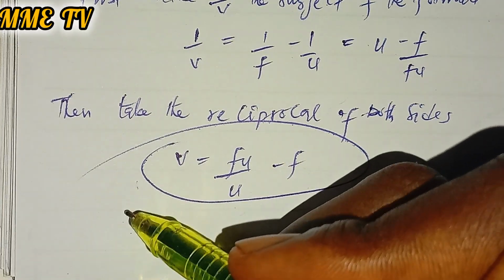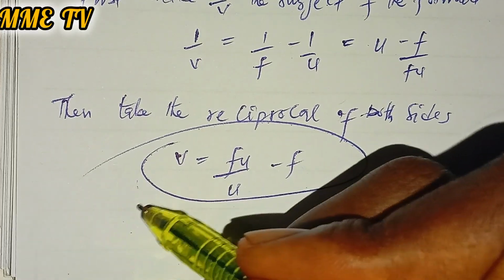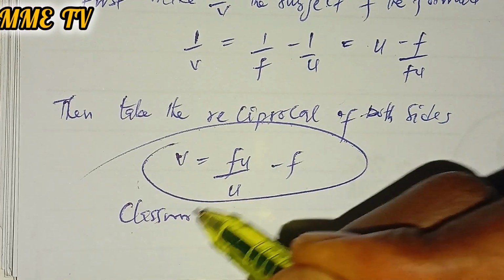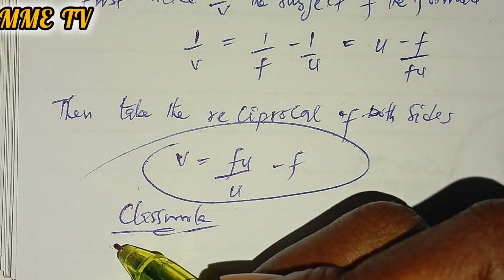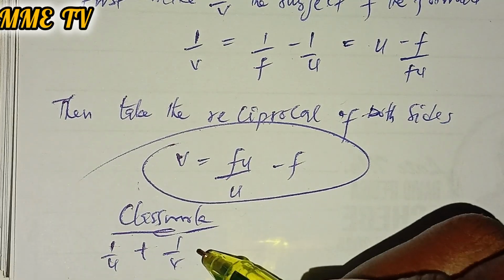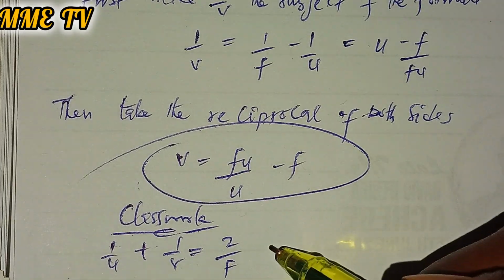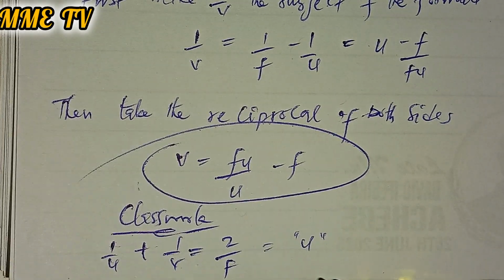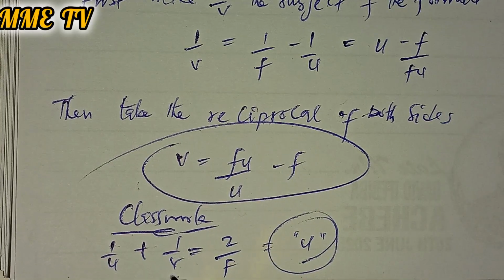Now, assuming that we are asked to do, as a classwork, a work to take and do by yourself: 1 over u plus 1 over v is equal to 2 over f, and we are asked to make u the subject formula. How are we going to do this? Don't forget that you're going to make your u the subject formula, not your v or your f.